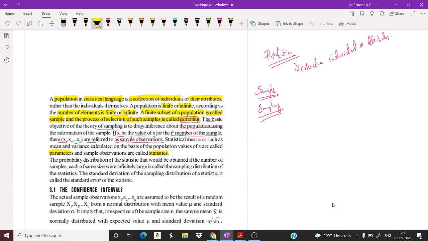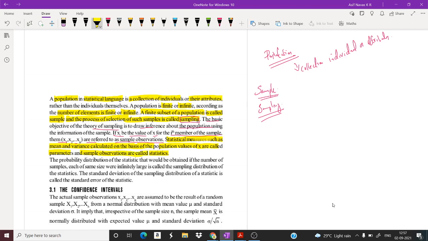So parameter means statistical measures such as mean and variance calculated on the basis of population values are called parameters. And the sample observations give statistics.